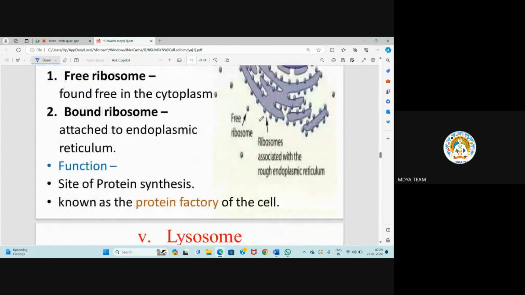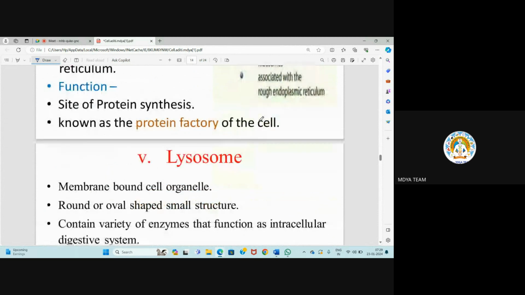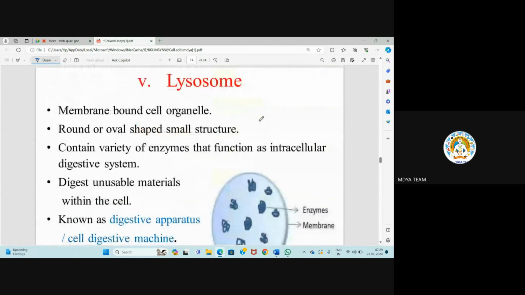Now, the functions of ribosomes are, these are site of protein synthesis, okay, and known as the protein factory of the cell. Okay. Now, next is lysosome. Lysosome is a membrane-bound cell organelle.